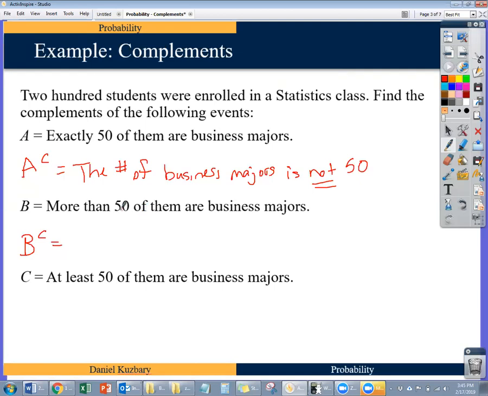My question is, can I put 50 in the complement? If this says more than 50 of them are business majors, then if I have 50, it's not included in this event B. It can be in the complement. Let me go ahead and write this down and see if that makes sense. So what I can say is 50 or less are business majors.